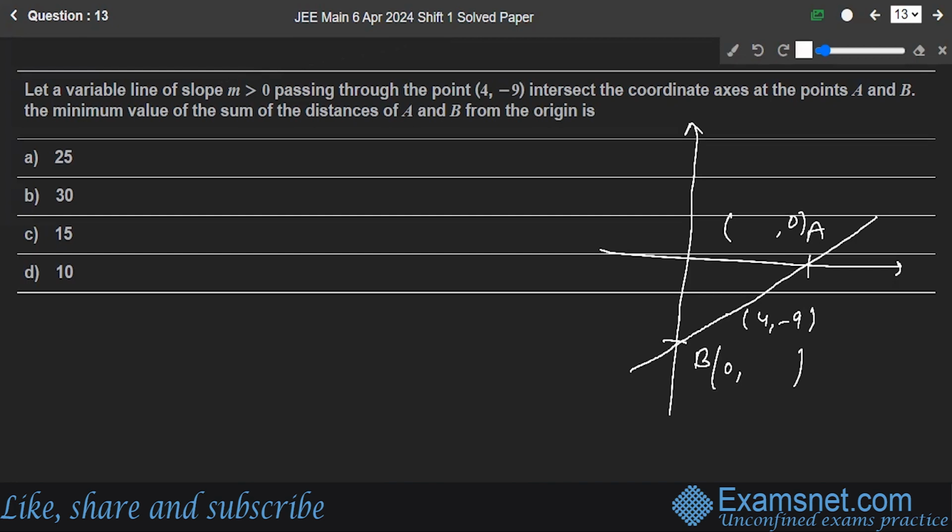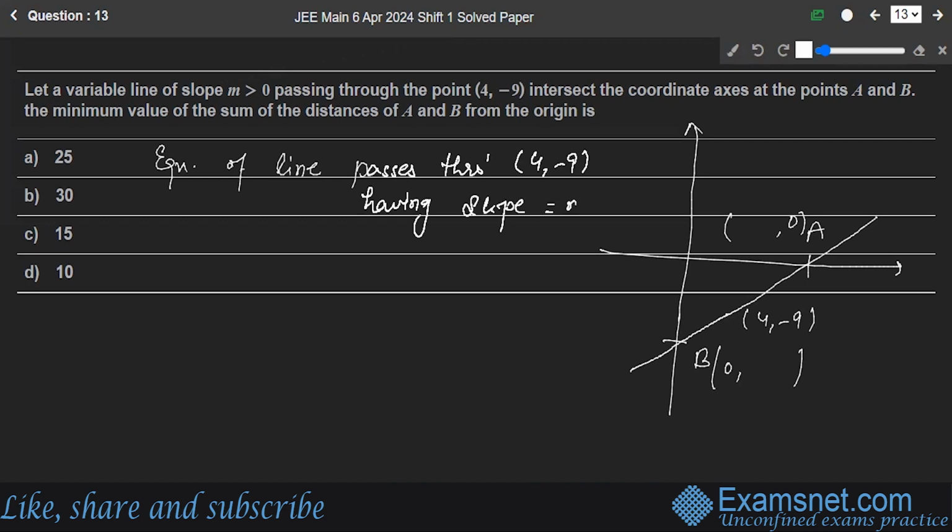First of all, let's frame the equation of the line which passes through 4 comma minus 9 and which has the slope m. So this equation will be given by y plus 9 is equal to m into x minus 4.